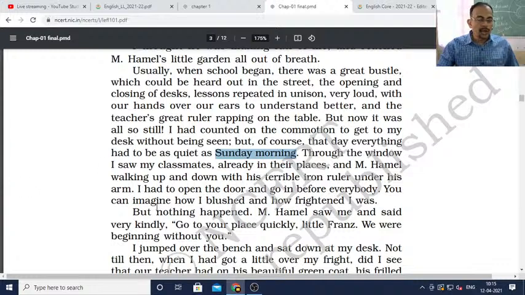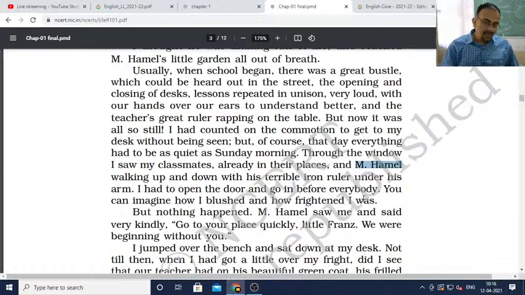Through the window, I saw my classmates already in their places. Okay, so through the window, he saw his classmates already in their places, and M. Hamel walking up and down with his terrible iron ruler under his arm. So, dear students, M. Hamel is the French teacher, the language teacher of the teenage boy Franz.